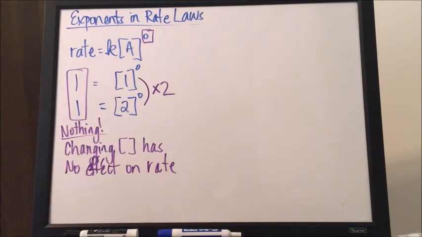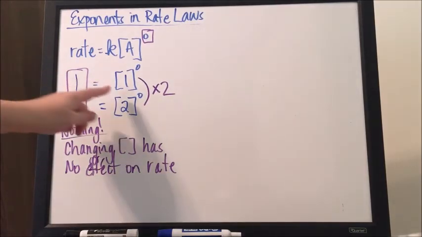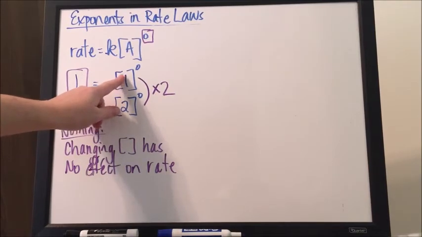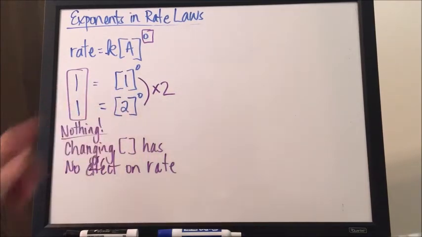Sorry, my letters got all scrunched. So when the exponent is a 0, we could increase the concentration of A by 100 times and make this 100, and 100 to the 0 power is still 1. And so we could change the concentration of A all day long and nothing would happen to the rate, because in this case, the exponent is a 0.